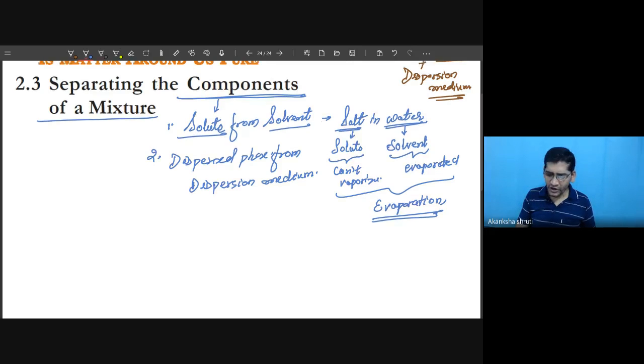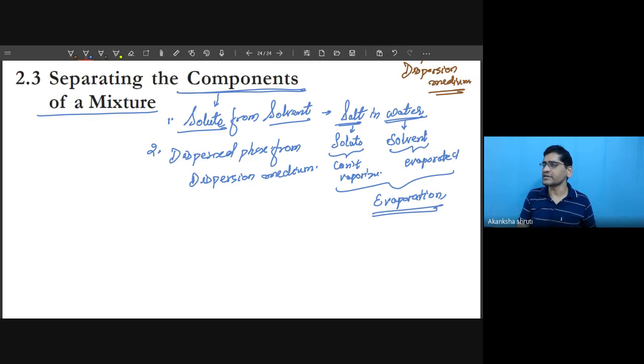For that, depending on certain characteristics of the solute and solvent, the various techniques are selected.